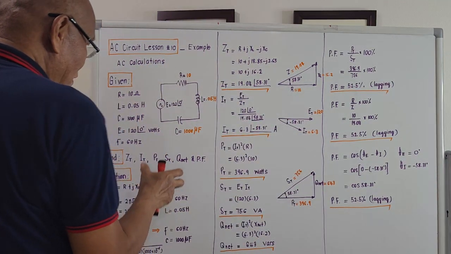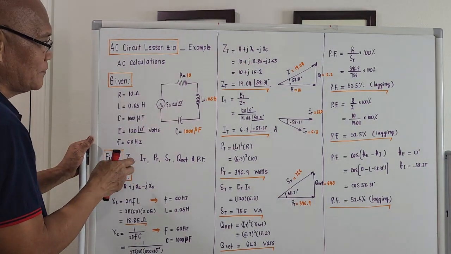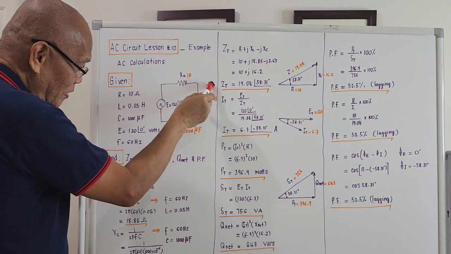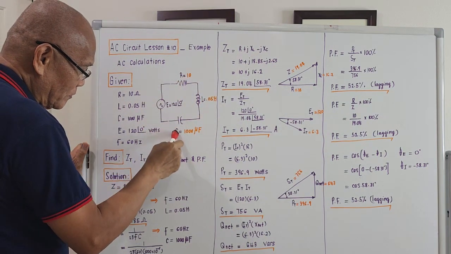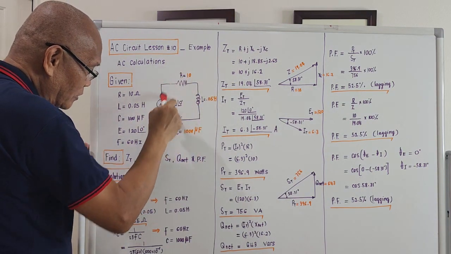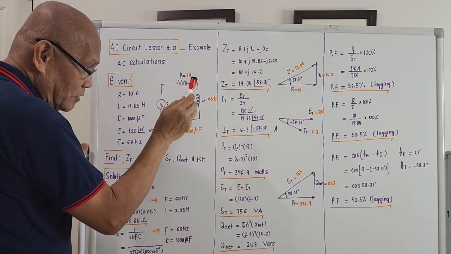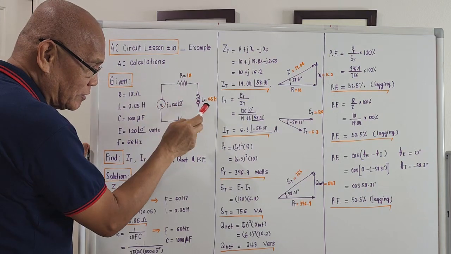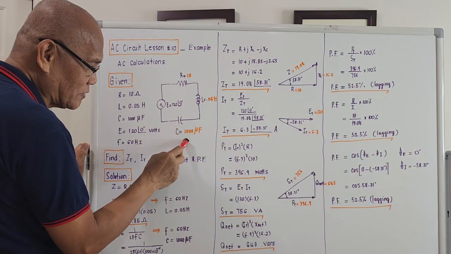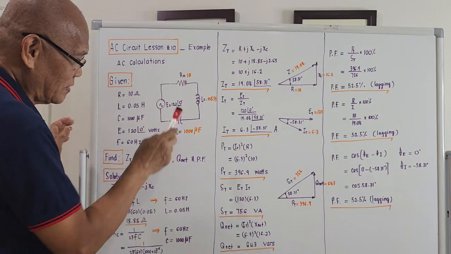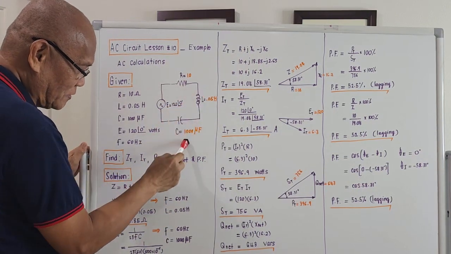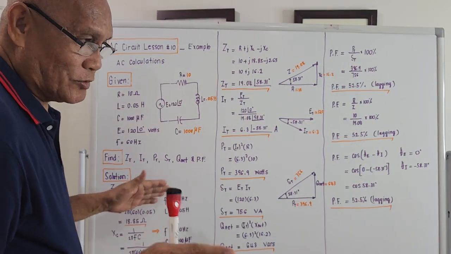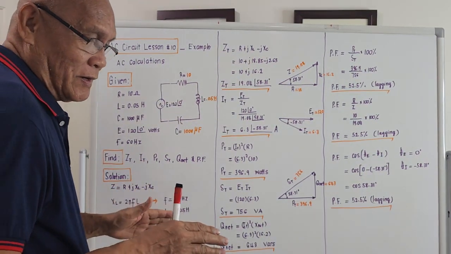We are given an impedance. If we place this in rectangular form, the components inside the impedance are a resistance, an inductance, and a capacitance. It seems resistance, inductance, and capacitance are connected in series, but we are not even considering this to be a circuit.